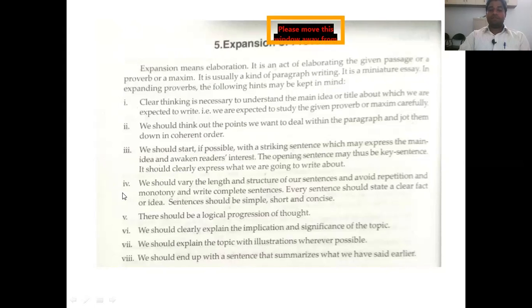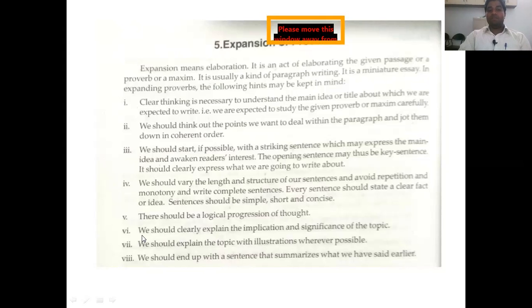And fourth point, we should vary the length and structure of our sentences to avoid repetition and monotony and write complete sentences. Every sentence should state a clear fact or idea. Sentences should be simple, short, and concise. And fifth point, there should be a logical progression of thought.